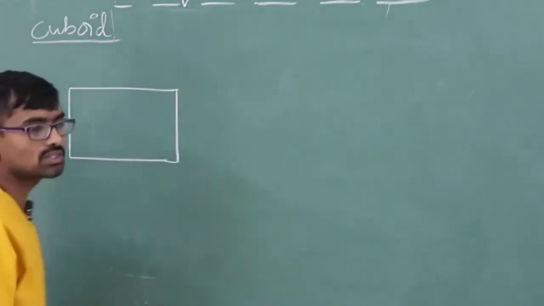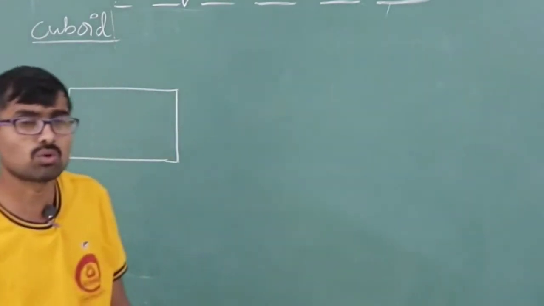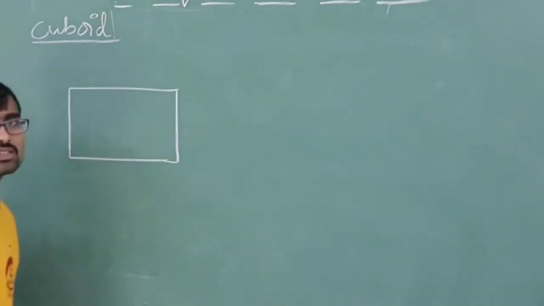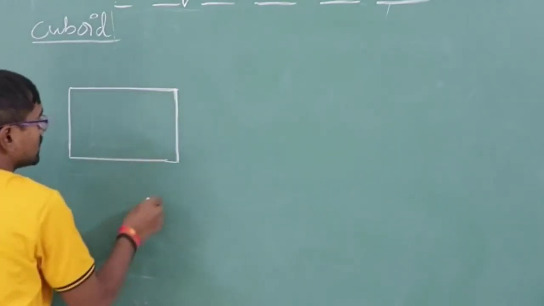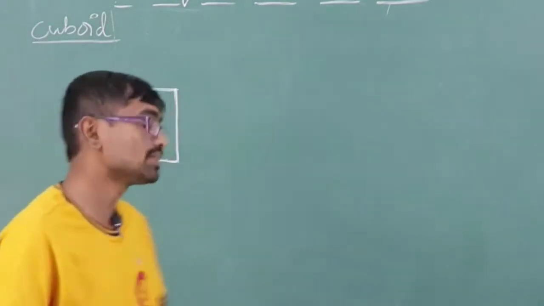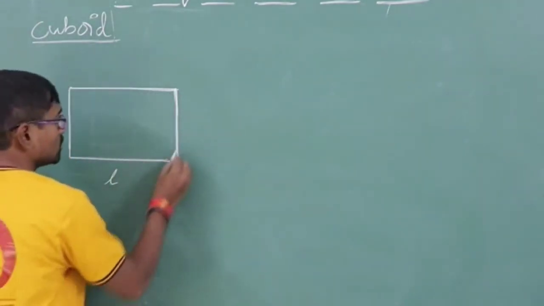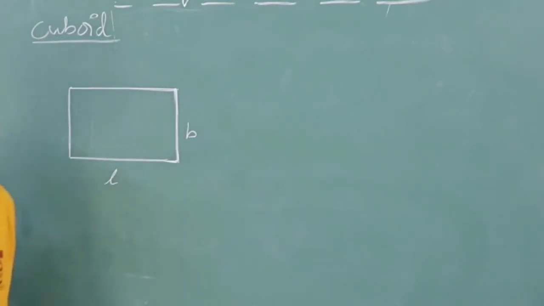So what do we know about the rectangle? A rectangle is a simple closed figure consisting of two measuring units: length and breadth. The longest side is called length and the shortest side is called breadth, or we can call it width also.